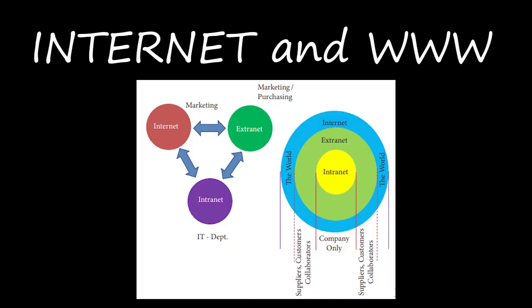Internet and WWW. Several networks, small and big, all over the world are connected together to form a global network, and this is called the internet. The internet uses Transmission Control Protocol and Internet Protocol, TCP/IP, to transmit data through various types of media.